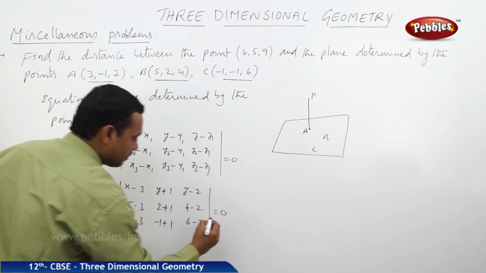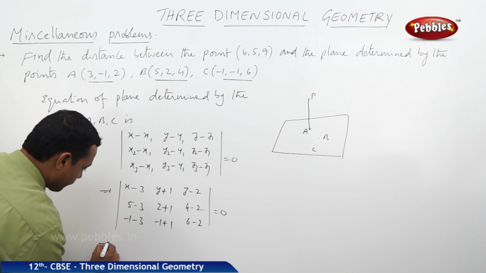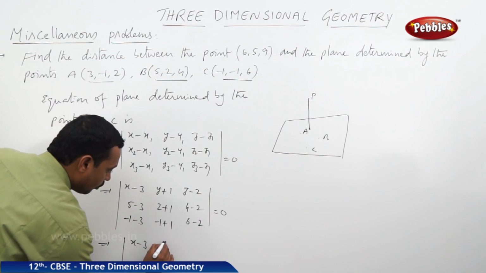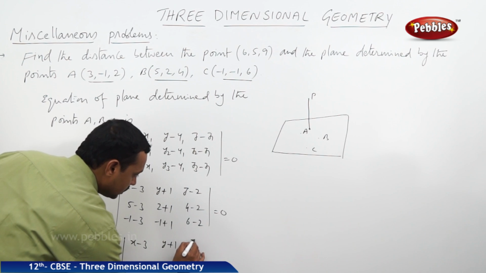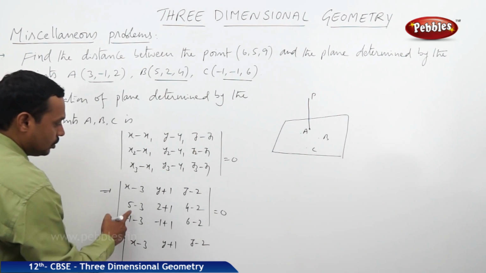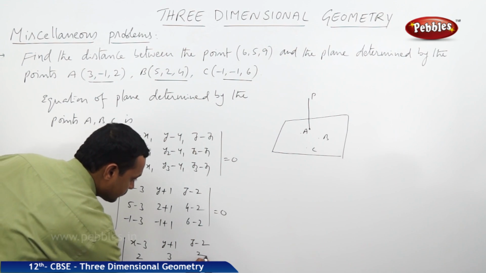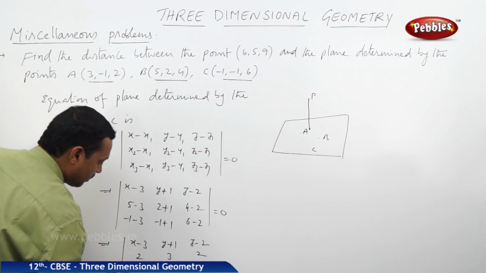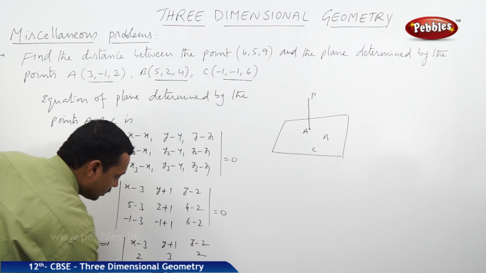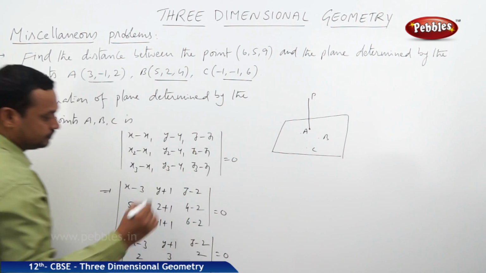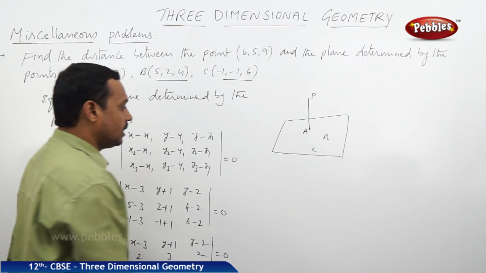Now this implies the determinant of x minus 3, y plus 1, z minus 2; 5 minus 3 is 2, it is 3, this one is 2; minus 1 minus 3 is minus 4, it is 0, and this one is 4, is equal to 0. Now expand the determinant.